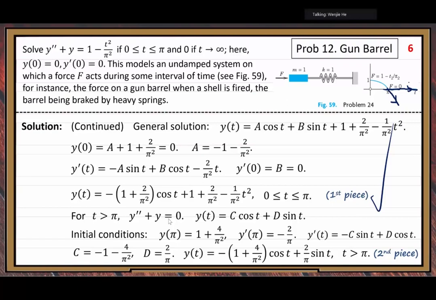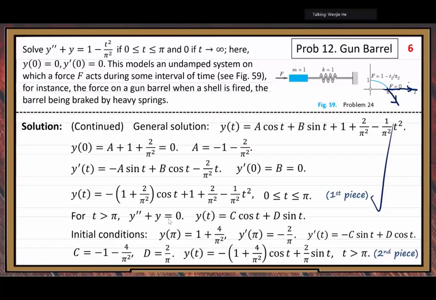They share the same point at pi. This point belongs to the first piece, but it also belongs to the second piece.